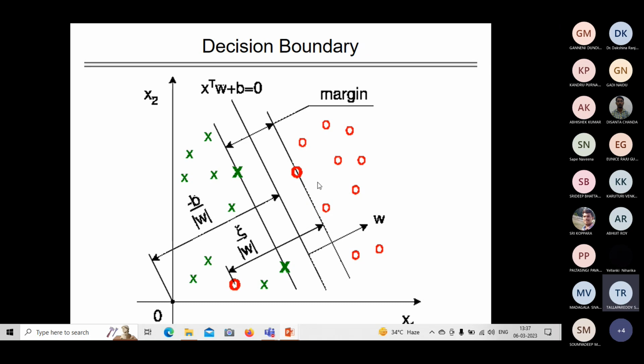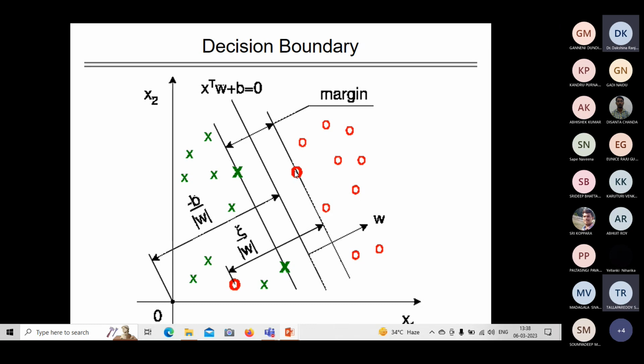Then we have to change the class boundary, and the new class boundary will pass through these 2 red points. If we retain the optimal hyperplane at the same location, then we will get a large bias in favor of class C2, that means in favor of the red points.